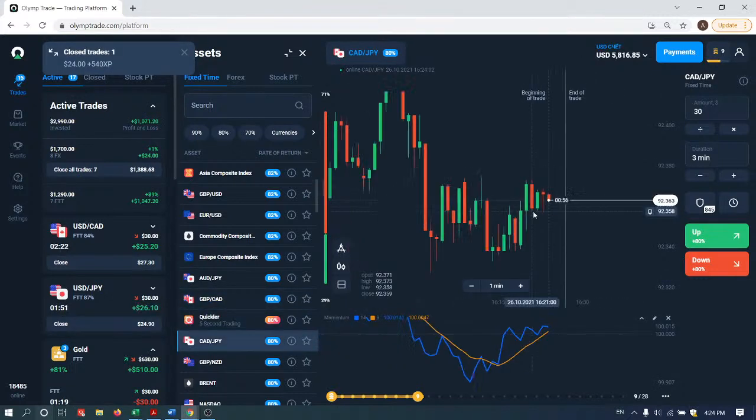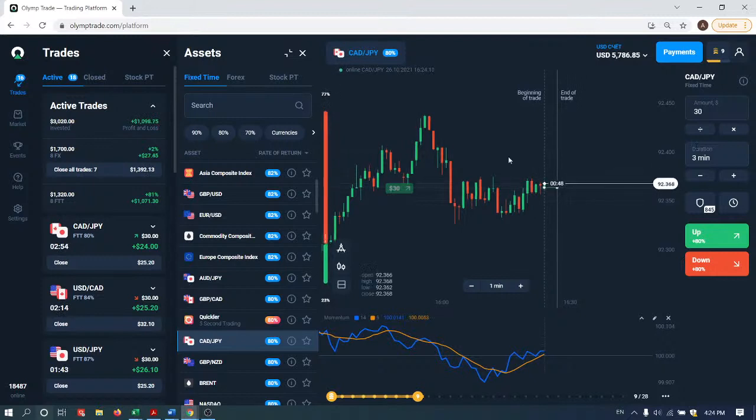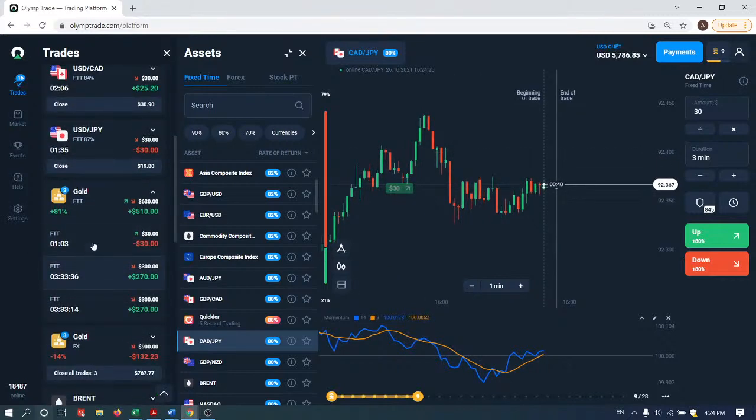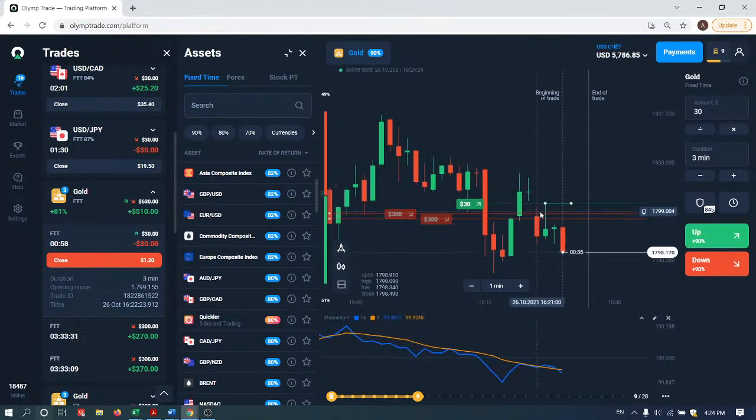So with these short-term trades with a duration of 3 minutes, you would want to have perfect timing, because every pip matters in those trades.